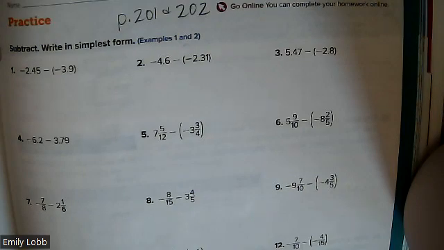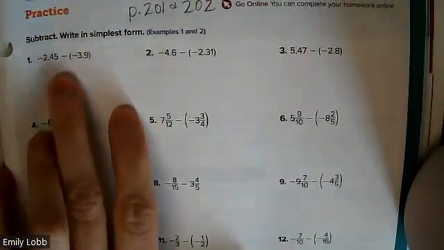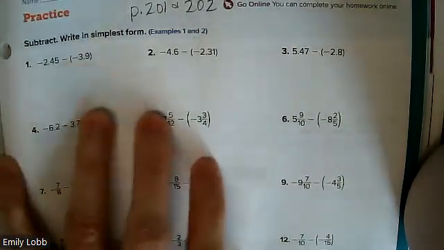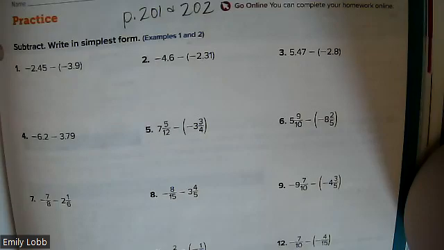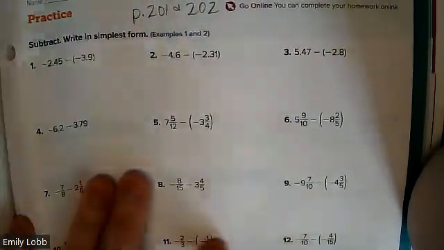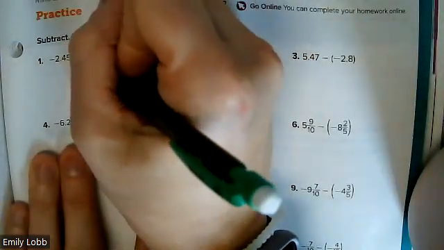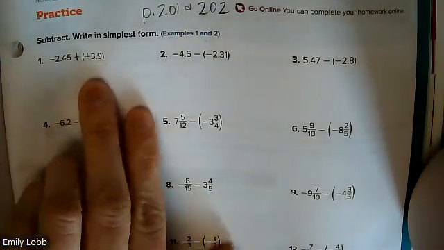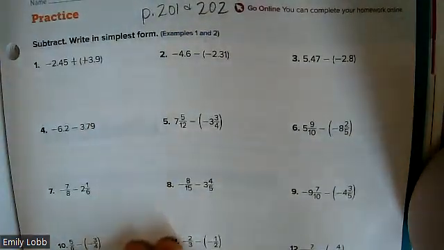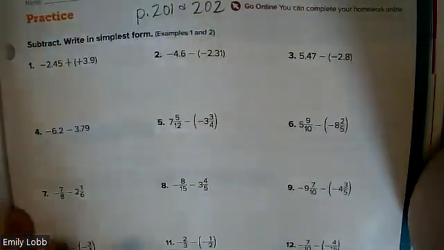So page 201. When it's already a decimal, I would suggest just putting it into your calculator. Don't forget, if you're doing this by hand, to keep, switch, switch. In other words, our signs are different, which means we're finding the difference and we have to subtract.